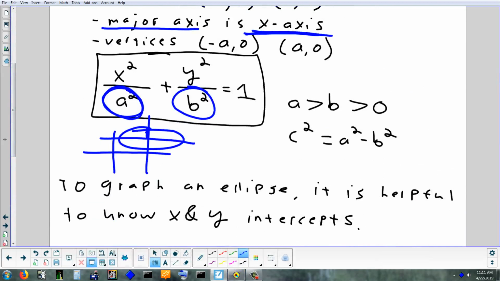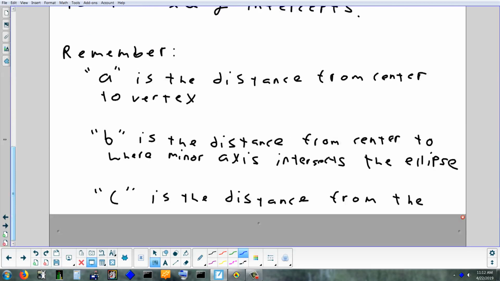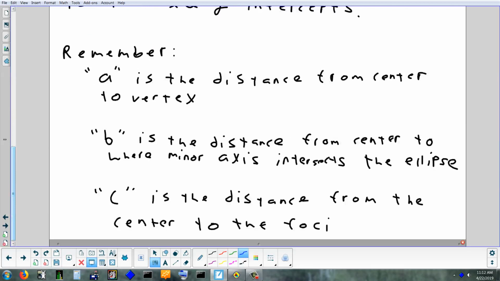It's the distance from the center to where we hit the minor axis. And C is the distance from the center to the focus. Okay, so that's what A, B, and C mean.